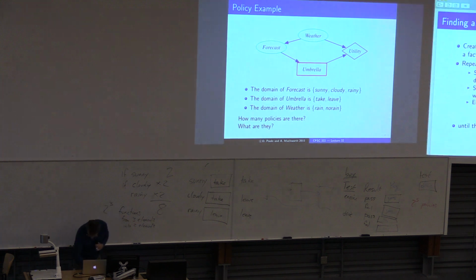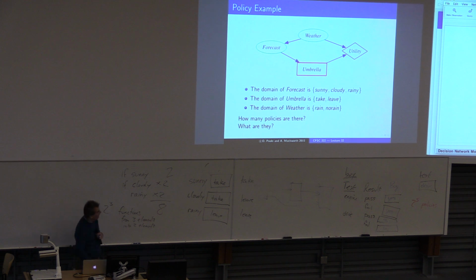So let's have a look at what happens here. Here's this decision node. If we go to solve, optimize decisions, we click on verbose. We end up with these three factors, and these are the three factors that you expect. There is the one for the weather and the umbrella, which is my utility function.